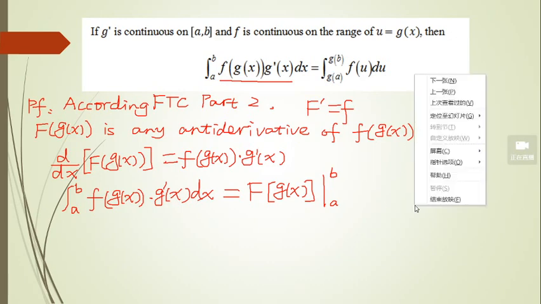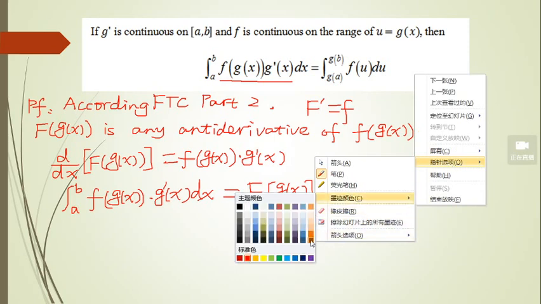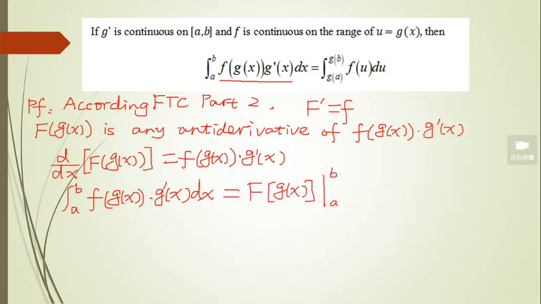Let me just use a different color to remind you about FTC part 2. A simpler version of FTC part 2: the integral of f(x) from a to b dx will be its antiderivative big F evaluated at the two endpoints and take the difference. That is the general one.